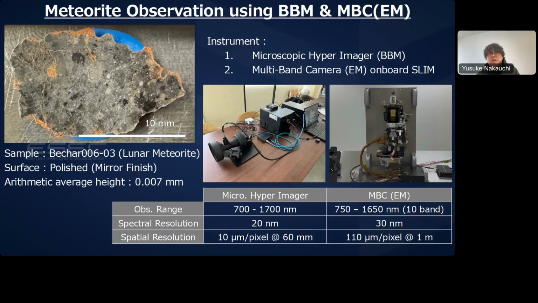The multiband camera, MBC, was the onboard instrument. The microscopic hyperimager has a spatial resolution of 10 micrometers per pixel, while MBC offers 110 micrometers per pixel. Additionally, the microscopic hyperimager provides continuous spectra, whereas MBC is multiband.